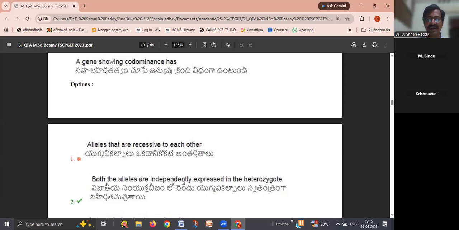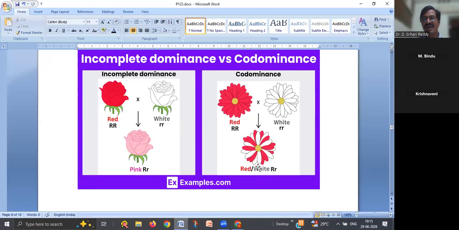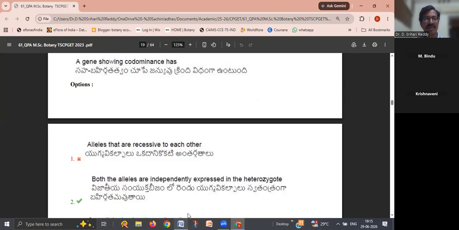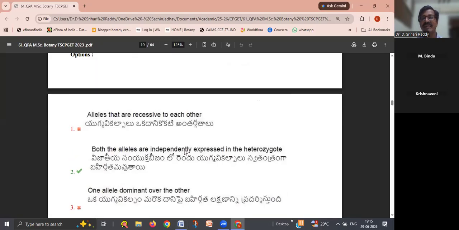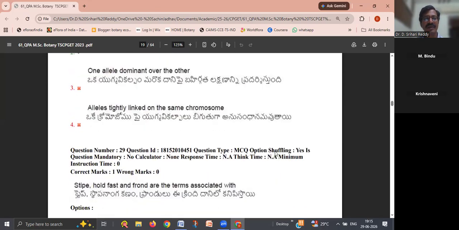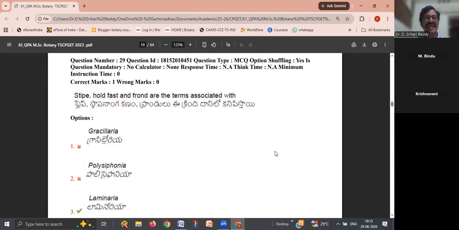Just now we saw in codominance the red colored petals and white colored petals. Both are independently expressed. So that is called codominance. So that is the answer here: both the alleles are independently expressed in the heterozygote.